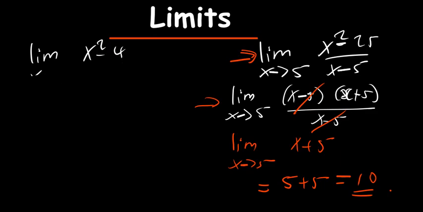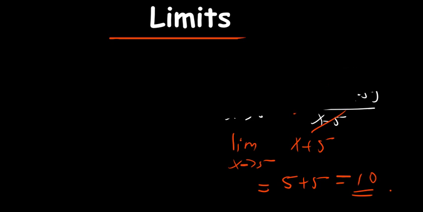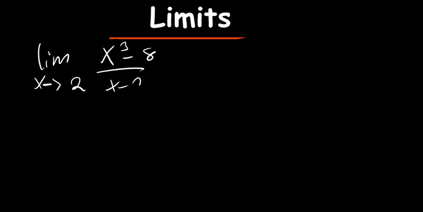Now, another scenario I want you to be familiar with: what if I have limit as x goes to 2 of x to the power 3 minus 8 divided by x minus 2?